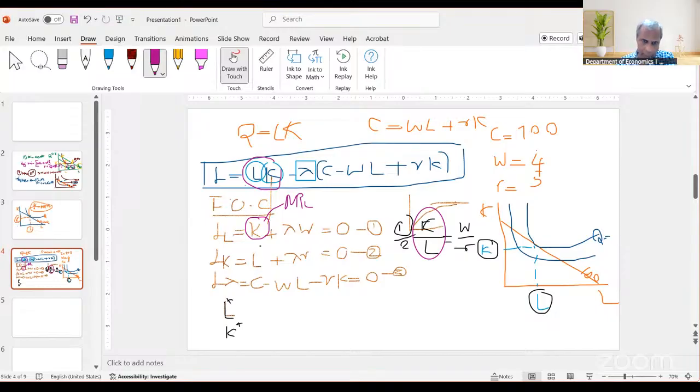When you differentiate with respect to K, the answer you get is what you call the marginal product of capital. So basically here we have the marginal product of labor divided by the marginal product of capital, which means the MRTS.